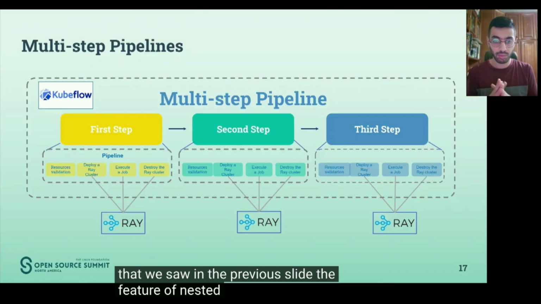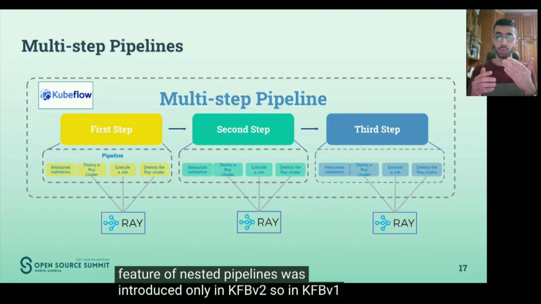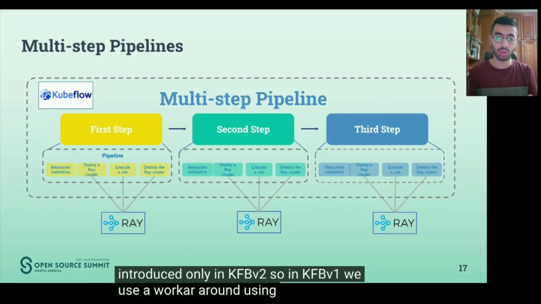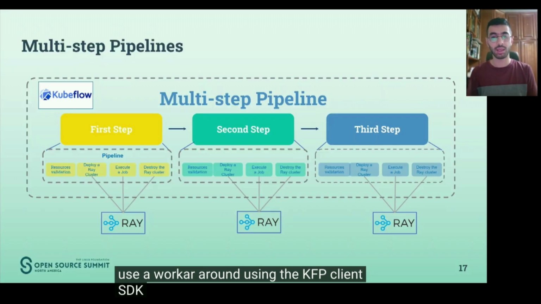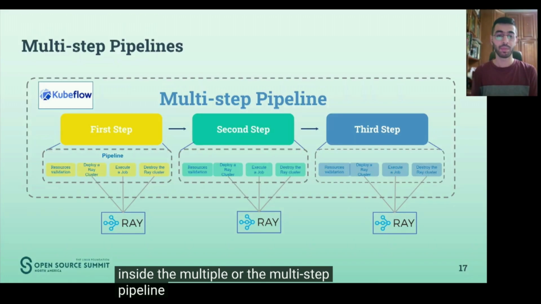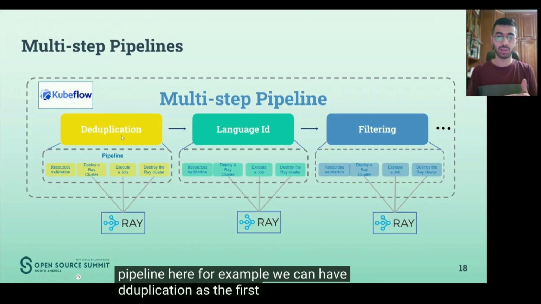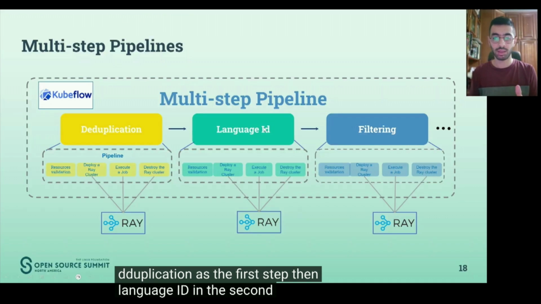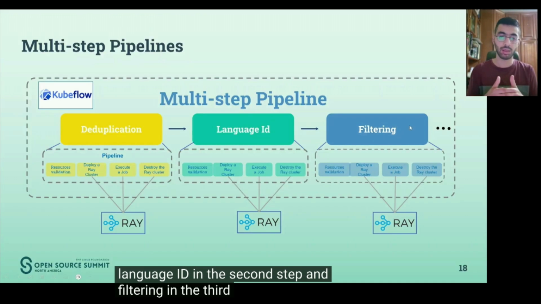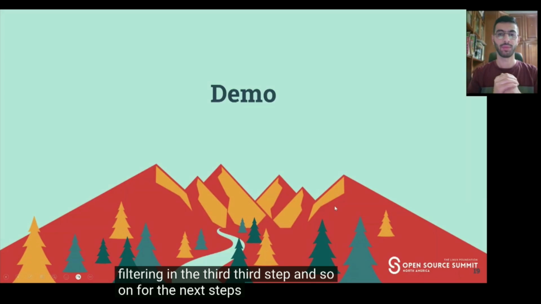The feature of nested pipelines was introduced only in KFP v2. So in KFP v1, we use a workaround using the KFP client SDK to execute predefined pipelines from inside the multi-step pipeline. Here, for example, we can have deduplication as the first step, then language ID in the second step, and filtering in the third step, and so on for the next steps.